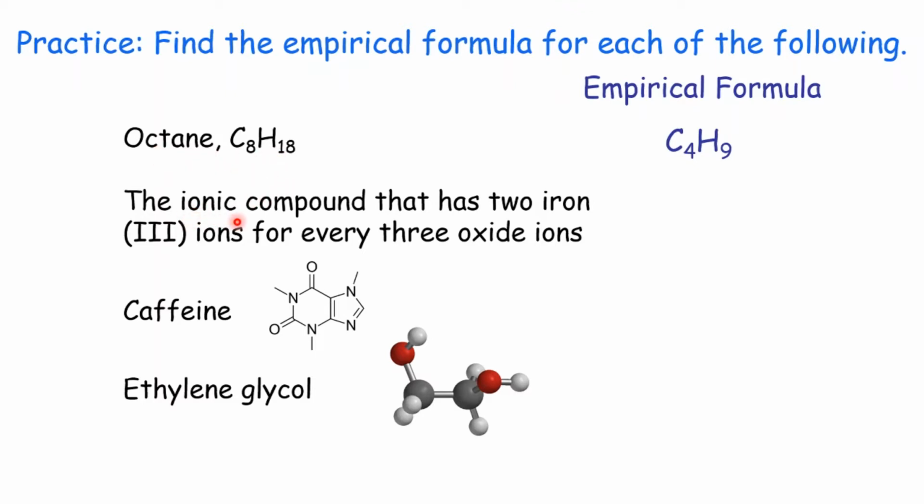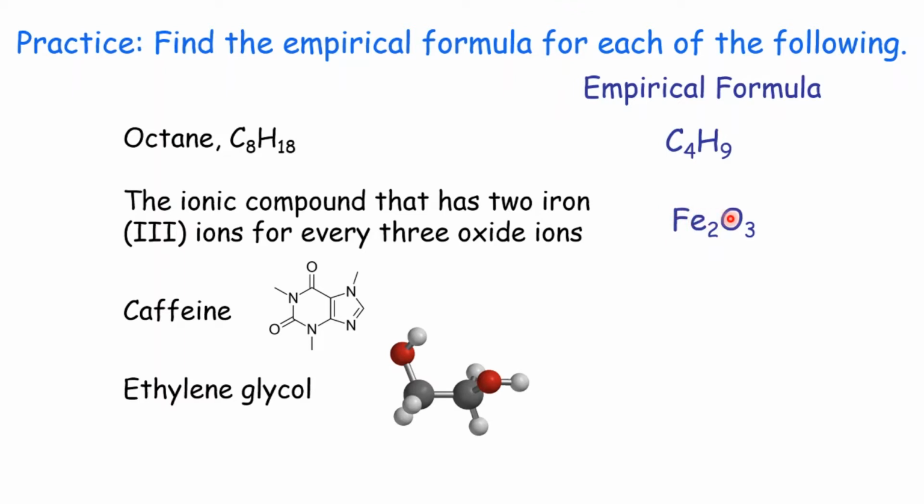Second one, the ionic compound that has 2 iron ions, iron 3, which means 3 positive charges, for every 3 oxide ions. Oxide is O2 minus. If you put them together, each iron ion is 3 plus. 3 plus times 2 on the cation side is positive 6.